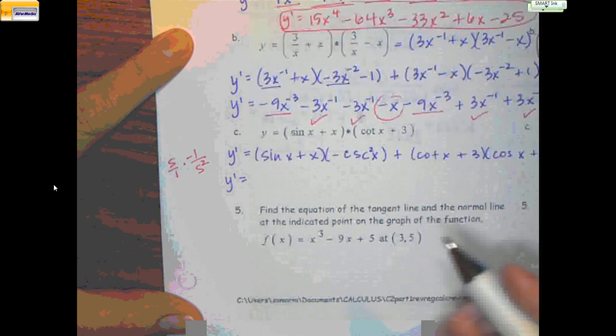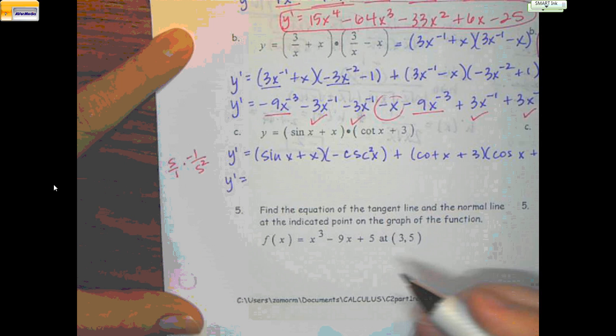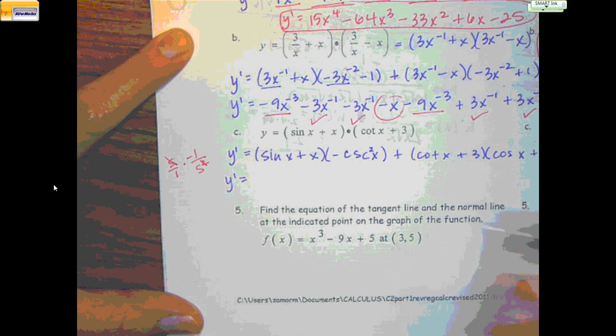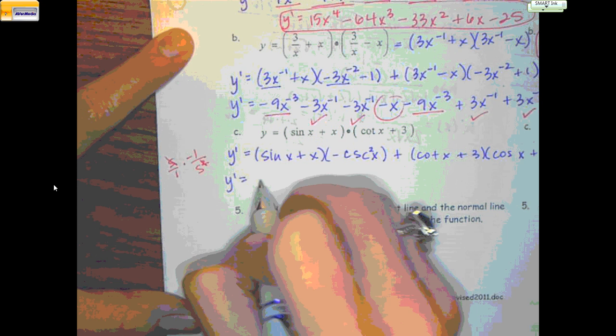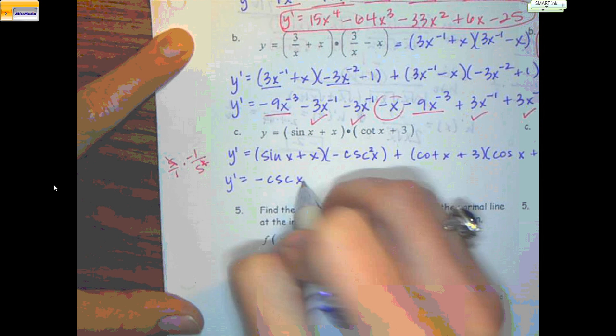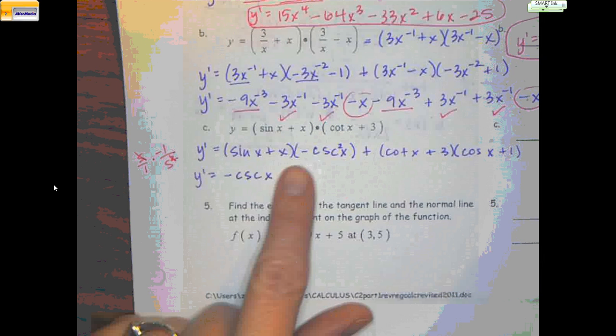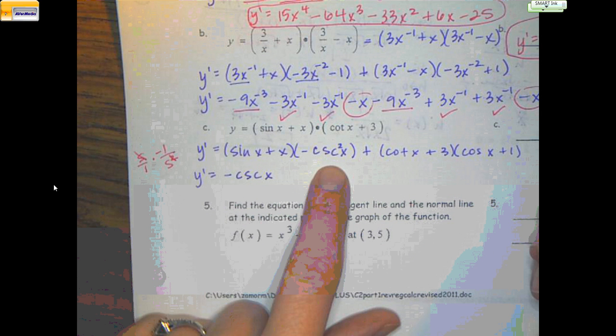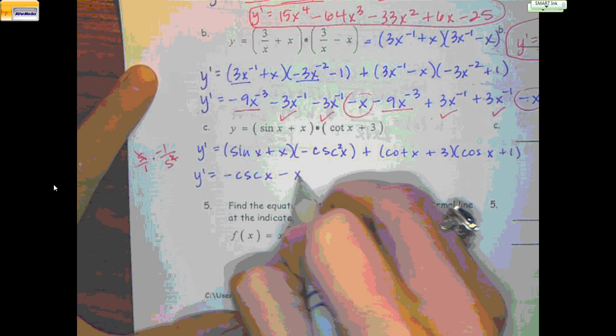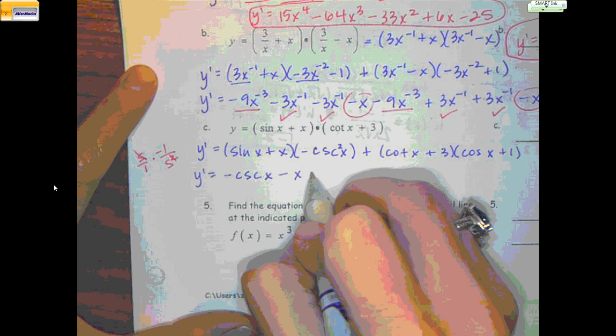You can take out a sine, can't you? Take out one of the sines. Now I have negative 1 over sine. What is that? Good. Negative cosecant x. Good job. And now the second guy times this is going to be negative x cosecant squared x.